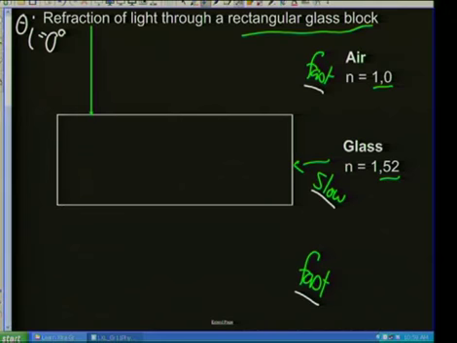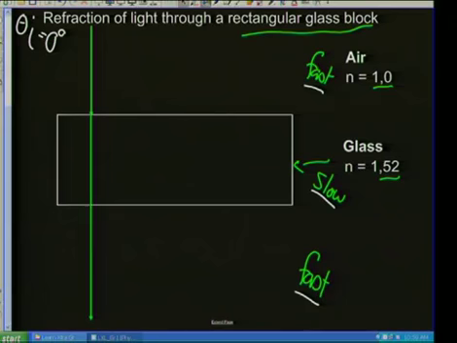Then what's going to happen? Well, what we observe when this happens is that light travels in a straight line and it passes straight through. I just want to get that so it's all lined up like that. So we don't see any change in direction. All we know is that there's a change in speed. And that's very important for you to recognize. What's happened?